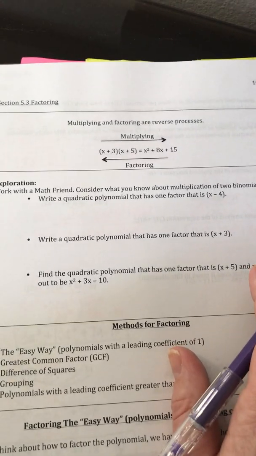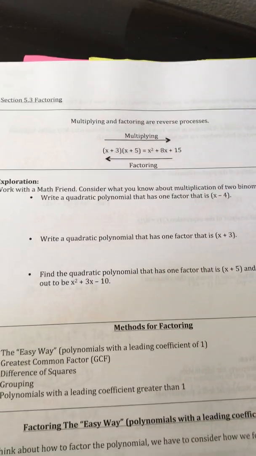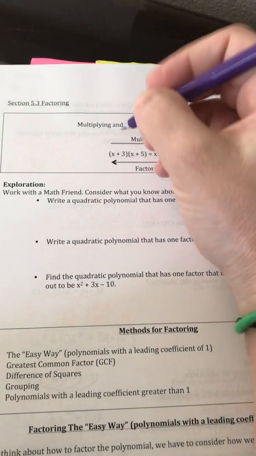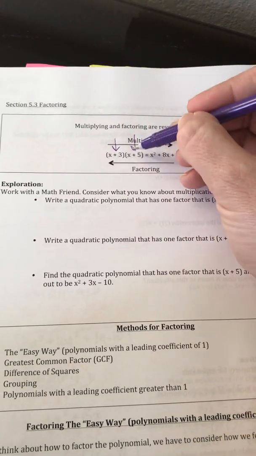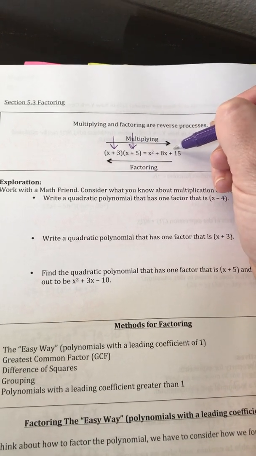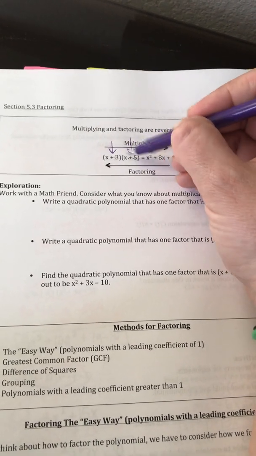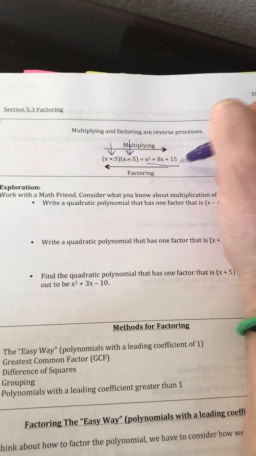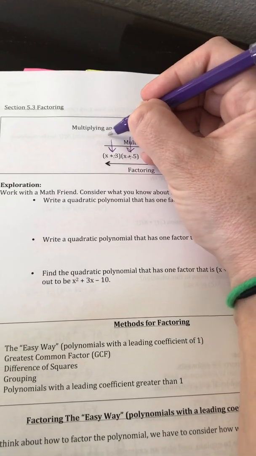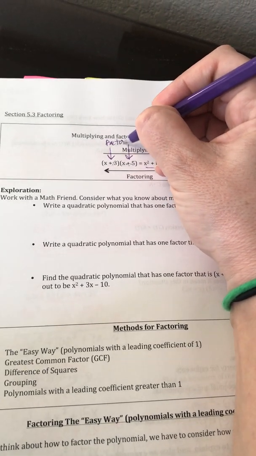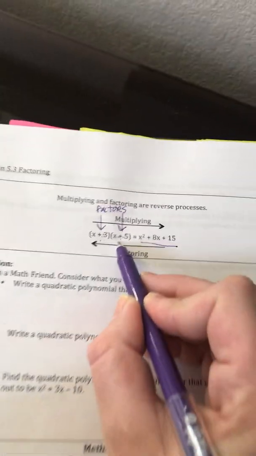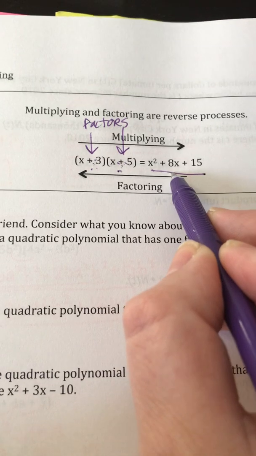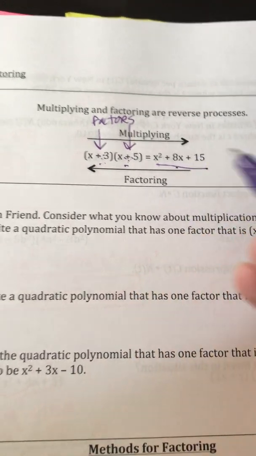If I'm thinking about what this means, these two parts, when we multiply, give us this product. So if these two parts multiplied together give us this product, that means both of these binomials are factors of this quadratic equation, okay?